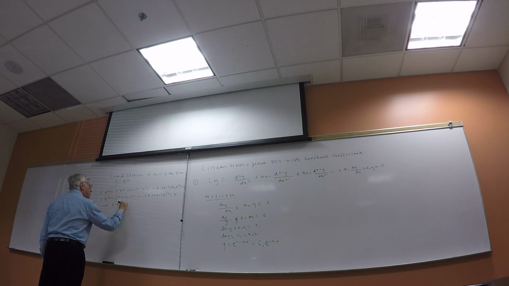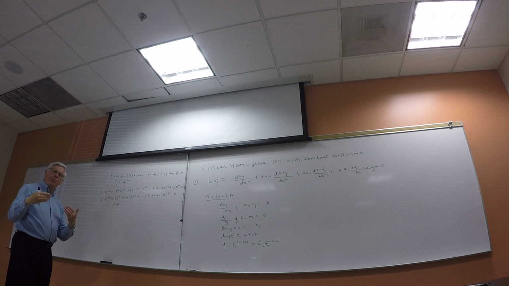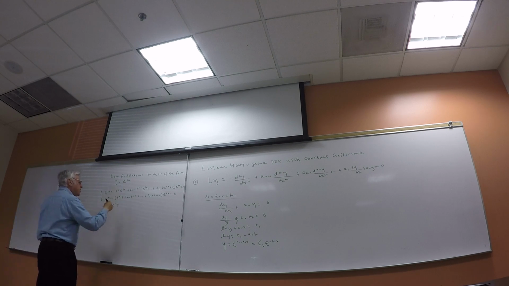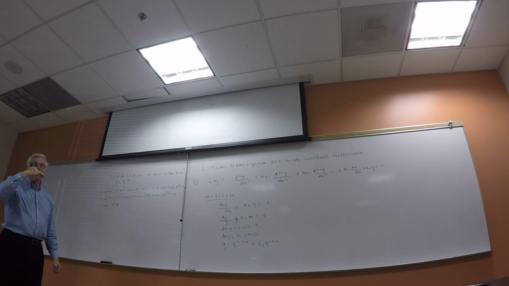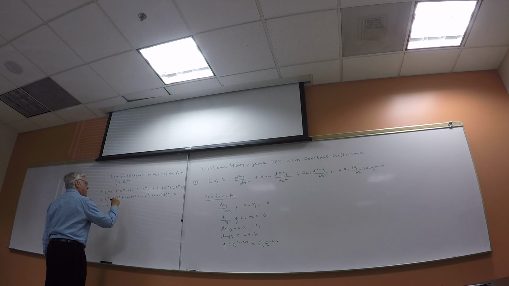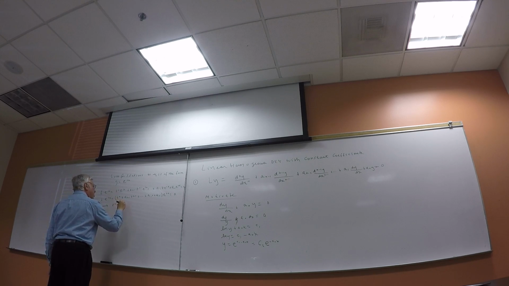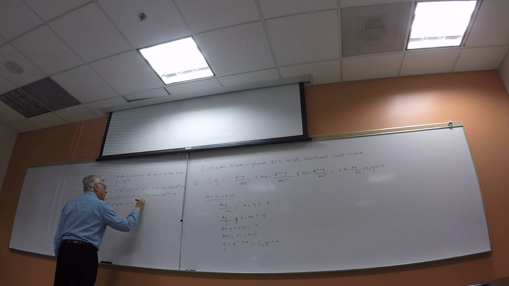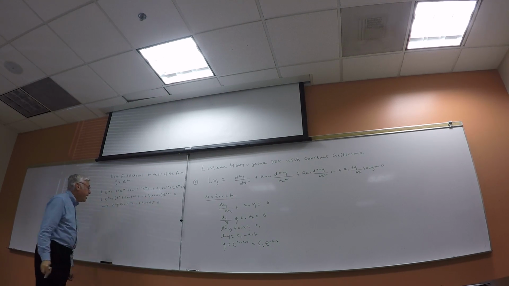A sub n minus 1 r to the... And don't memorize any of this, because in any problem, it's just a procedure. I'm going to do it in general, and then there's nothing really to memorize other than to remember e to the rx, okay? So you have a sub n minus 1, r to the n minus 1, dot, dot, dot, plus a1r, right? Plus a0 equals 0, okay?